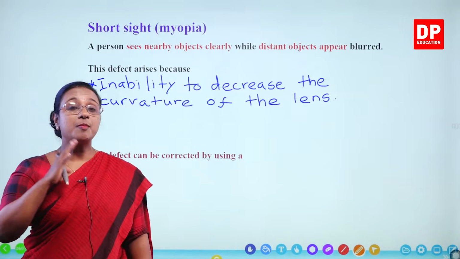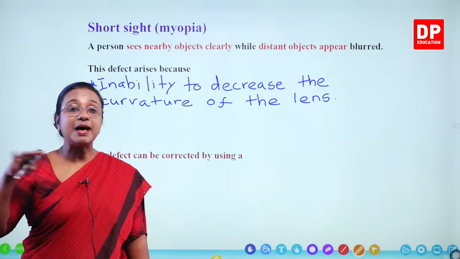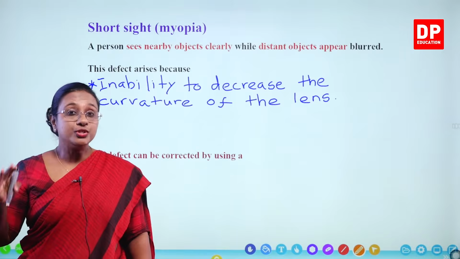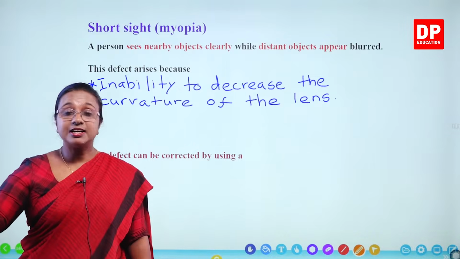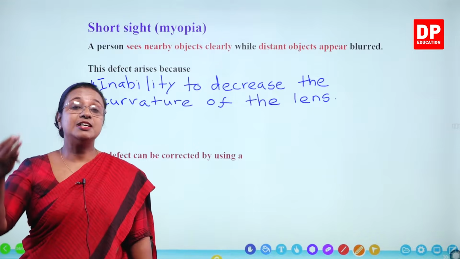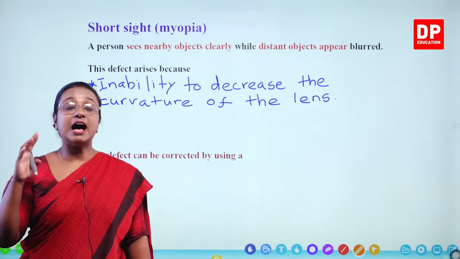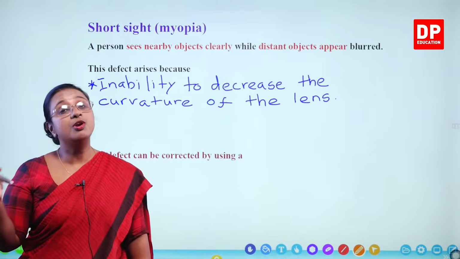Then you all know, from a far object, it is the parallel rays that come and fall on the lens. So there, when those rays are converged, they converge in front of the retina. The reason is the eyeball can be too long.